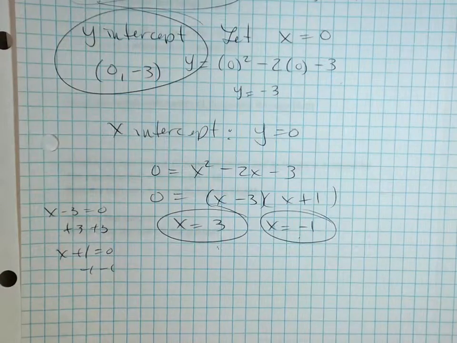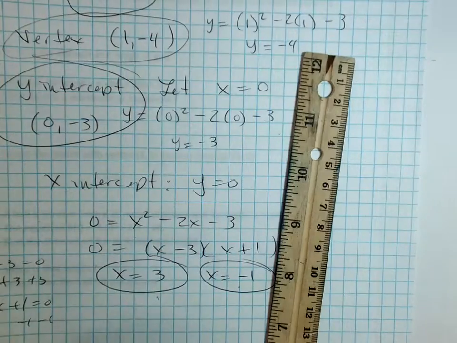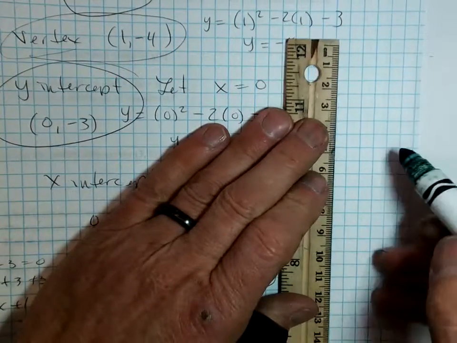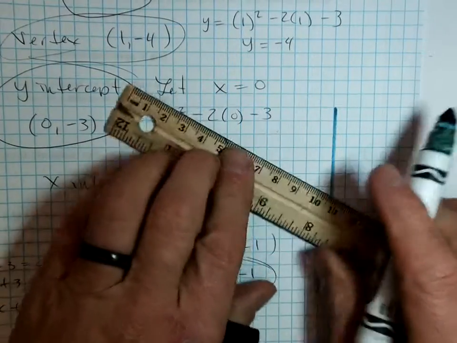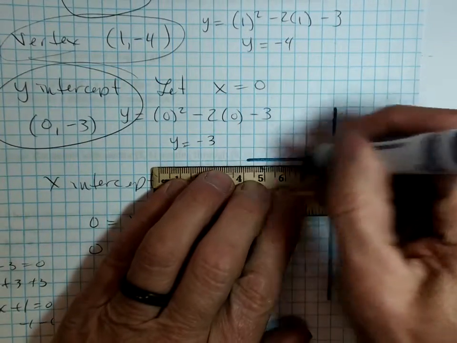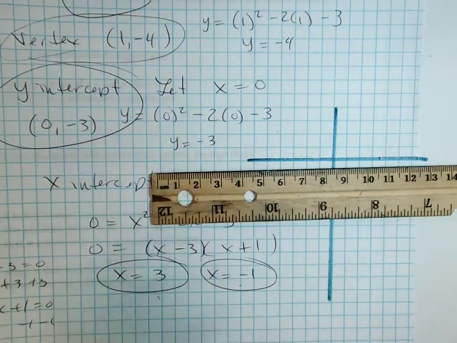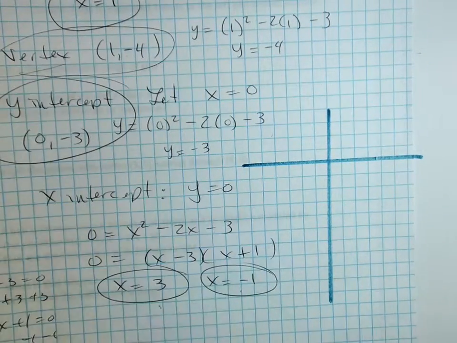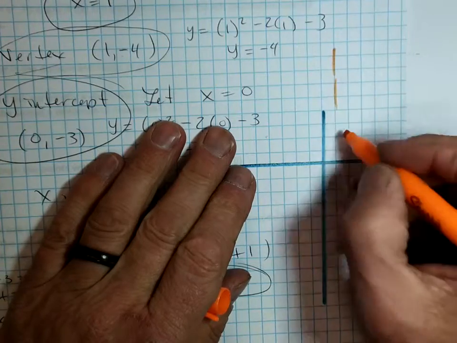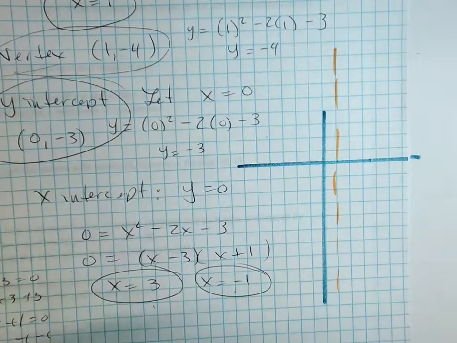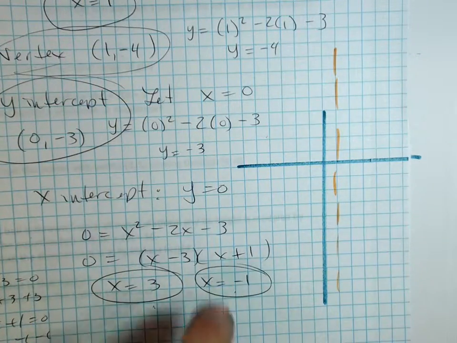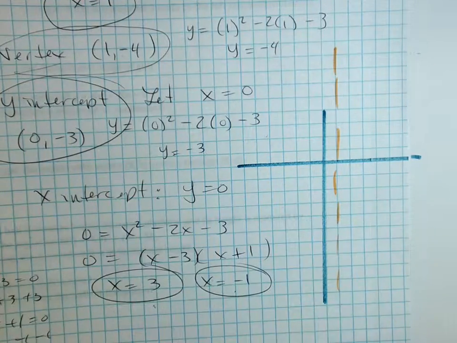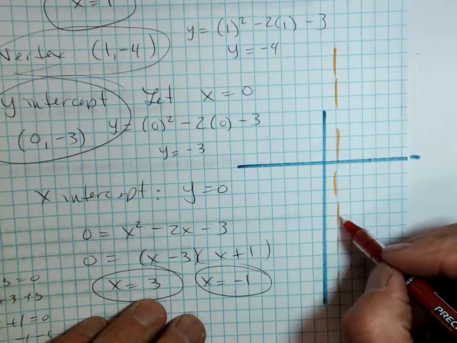So let's graph this. Let's take a look at what we have. And if I graph this, okay. Get all this natural lighting. I know. So let's graph it. So I've got a line of symmetry at 1, right there, right? I have a vertex at 1, negative 4.